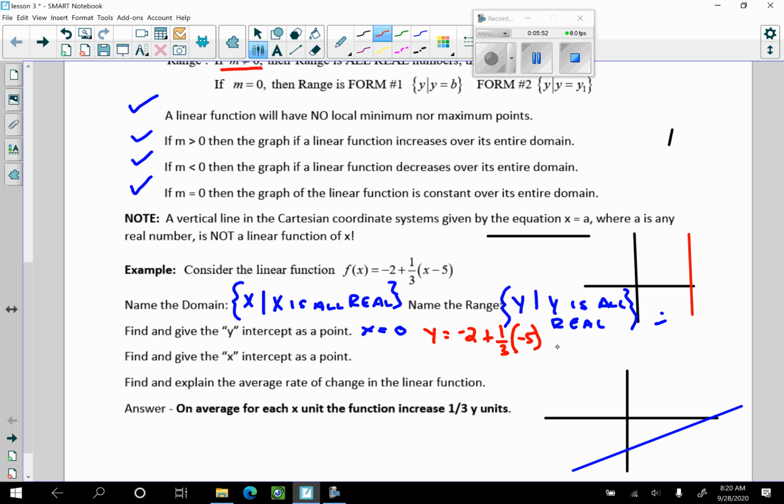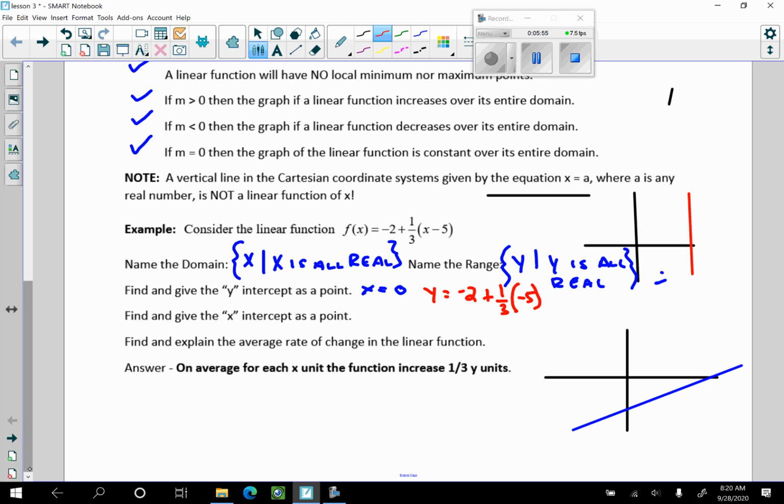So that's going to be negative 2 minus 5/3. 5 times 1/3 is 5/3, negative, negative. So that's going to be negative 6/3. Check my arithmetic on that. I believe that is going to be negative 11/3, is it not? 6 plus 5 is 11. So the y-intercept as a point is going to be right here. I'll plot that right here: (0, -11/3).